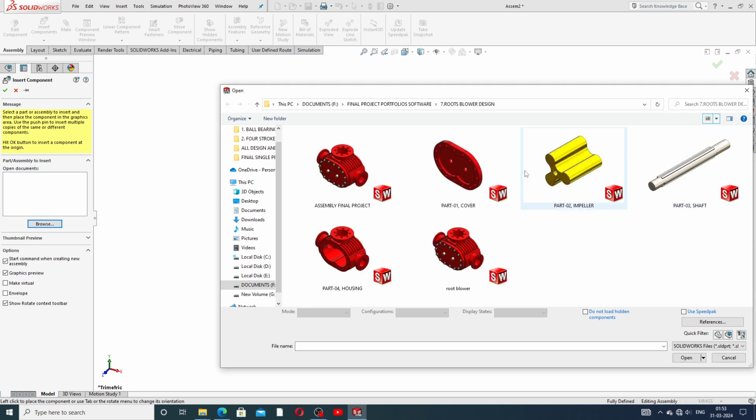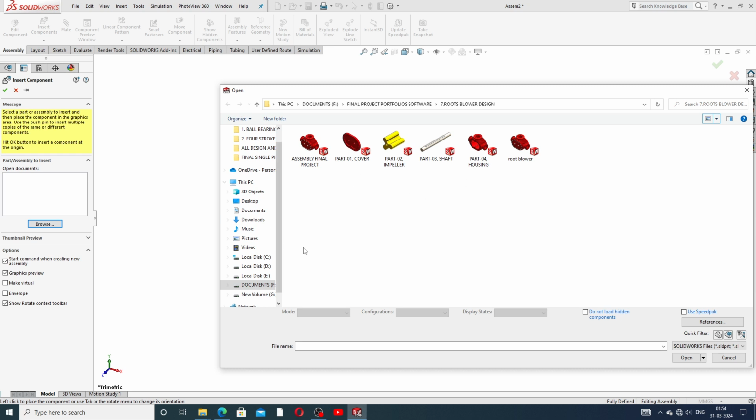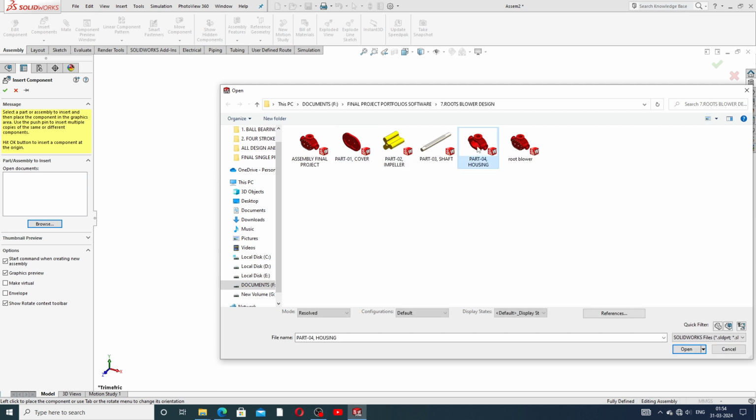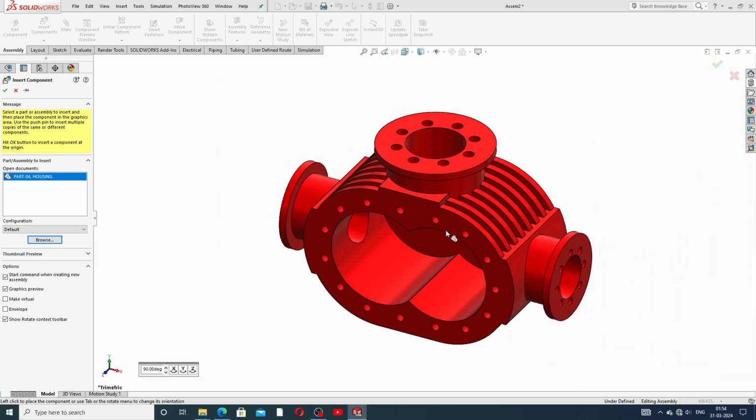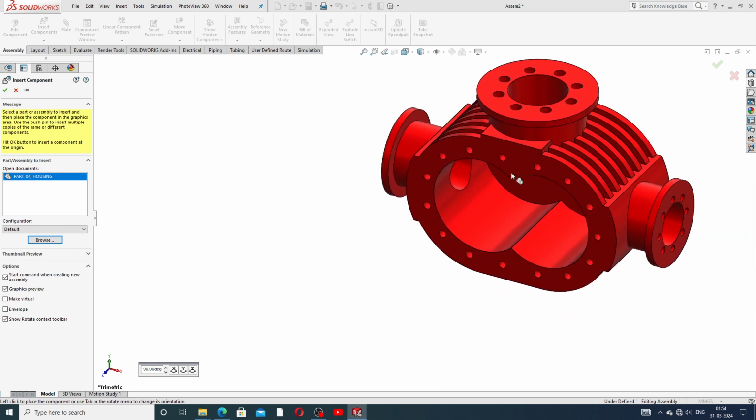All is perfect, and this body is okay. Select this, use this house at first, select it and open, anywhere.